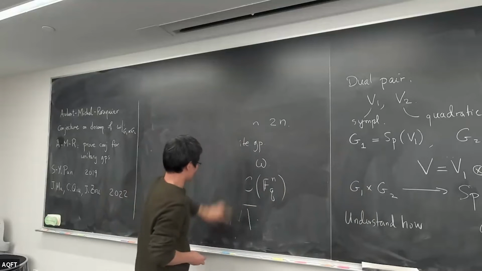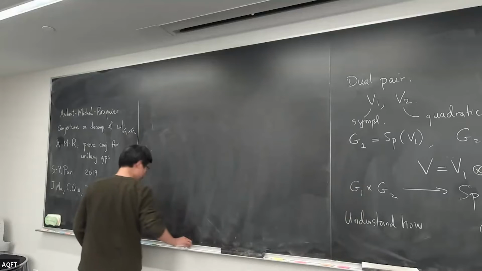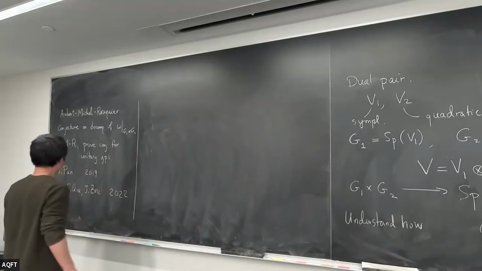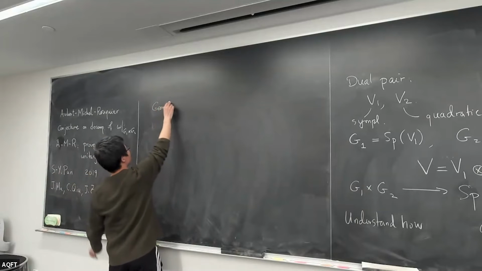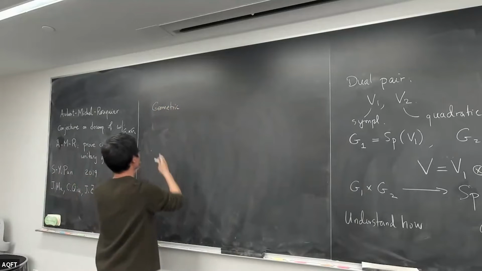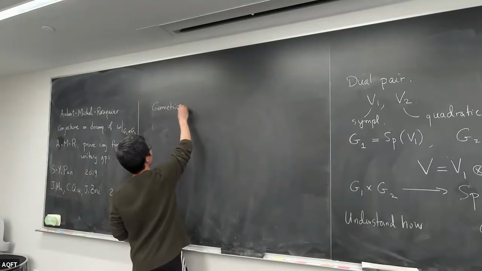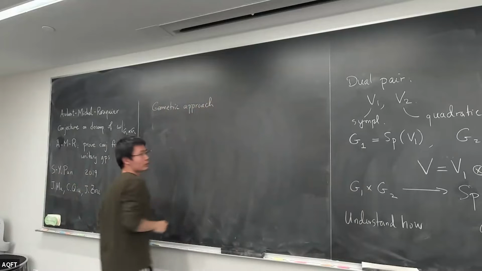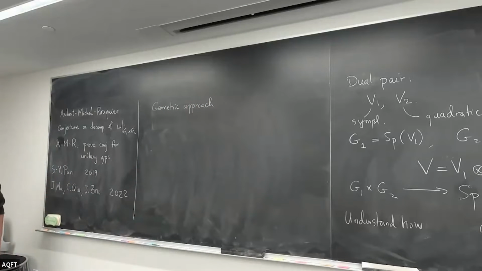So what I'm going to talk about today is yet another proof. It's not about the whole decomposition pattern, but only about the simplest kind of representations, using a geometric approach, and the answer will also be formulated differently.